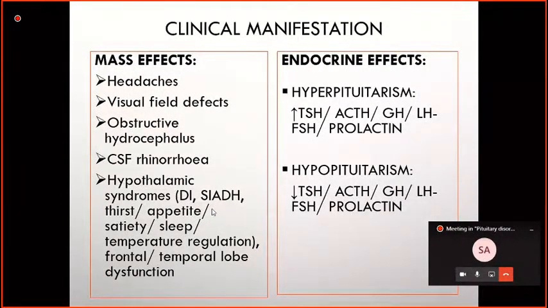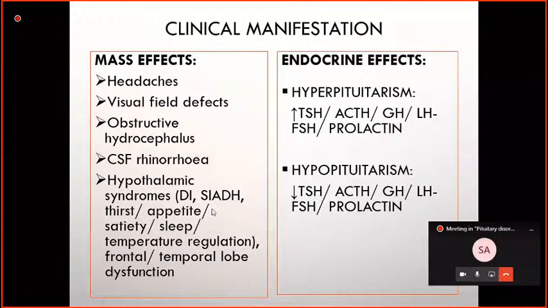So you can have diabetes insipidus as well. You can have an endocrine effect, but that's because of the mass effect on the pituitary stalk.